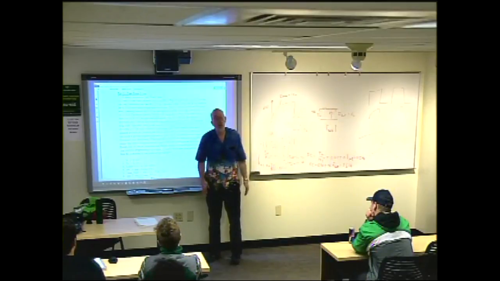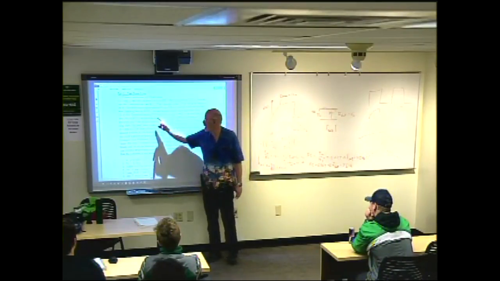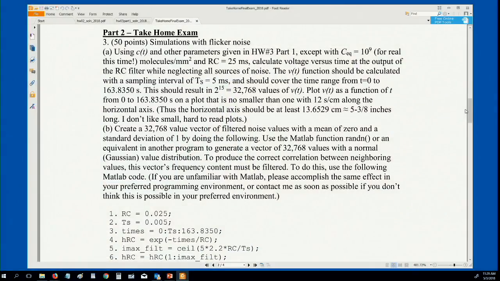I have run this in MATLAB on my teeny little machine. It did not melt down, so you should be fine. We're going to model that same time: it's rising for 120 seconds, and then it falls. We're going to model that for a total of 163.835 seconds. To make that work out, the sample time between points is 5 milliseconds.